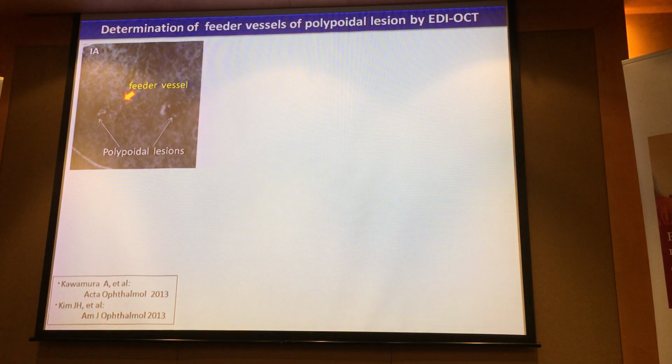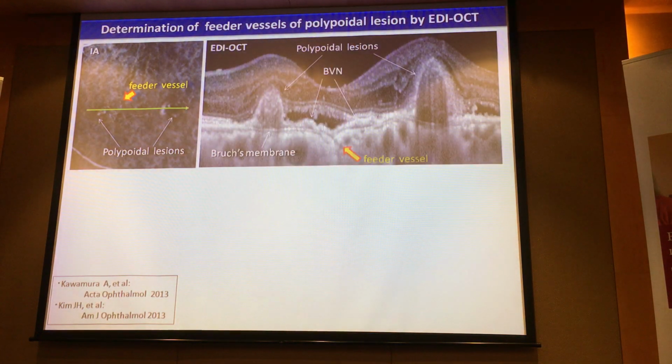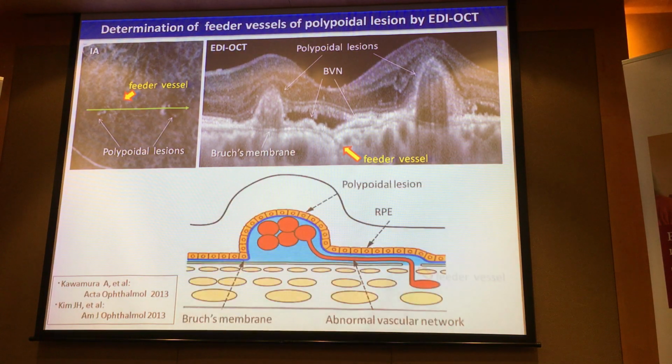And OCTA can determine the feeder vessels of the polypoidal region by EDI OCT. There are two polypoidal regions, and the feeder vessels are indicated by the yellow arrows. If you scan this line, you can see a feeder vessel from the choroid to the polypoidal region, BVN and polypoidal region. This is a schema of this condition.